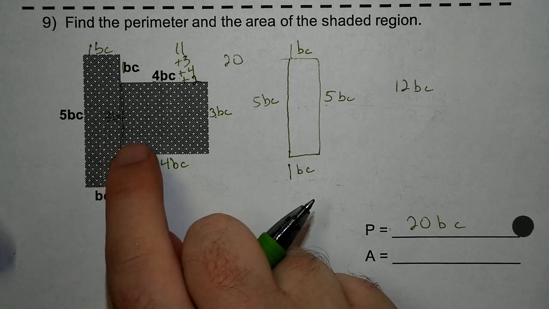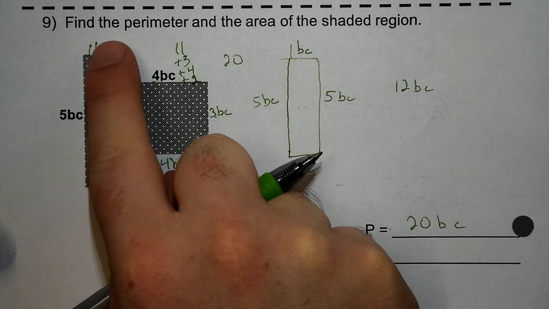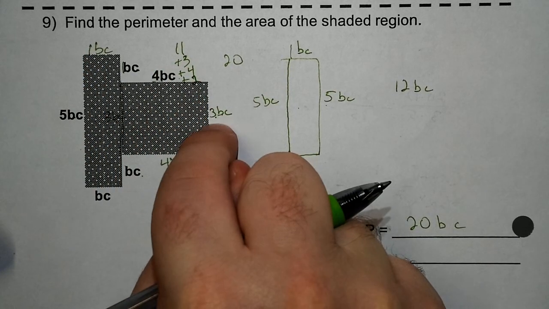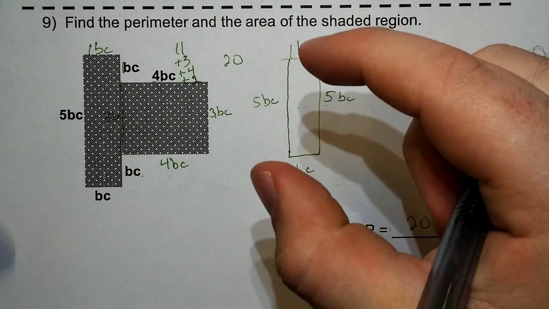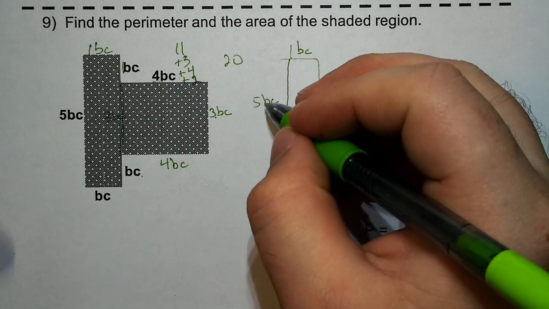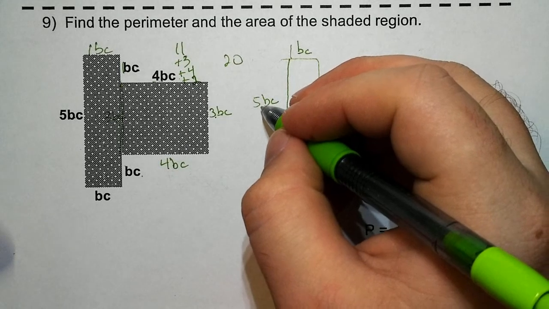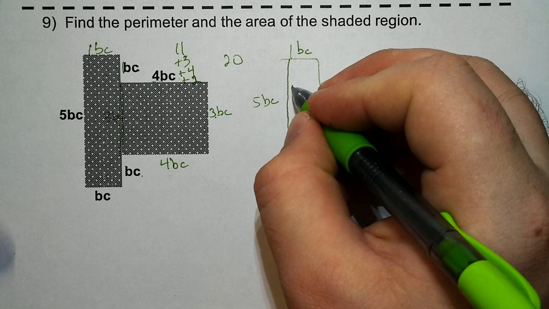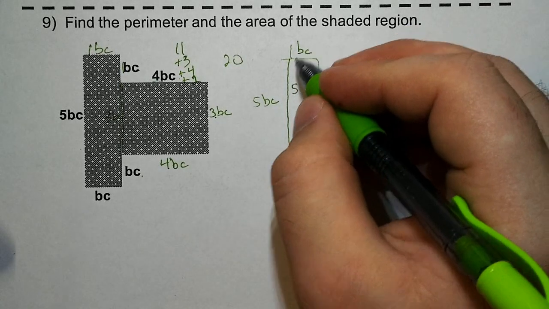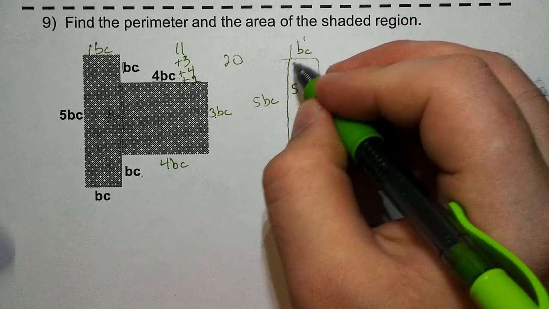Now, for the area, I'm going to get the area of the tall rectangle and the area of the smaller rectangle. So area is side times side. 5 times 1 would be 5. Now, we've got b c times b c. 1 there, 1 there.